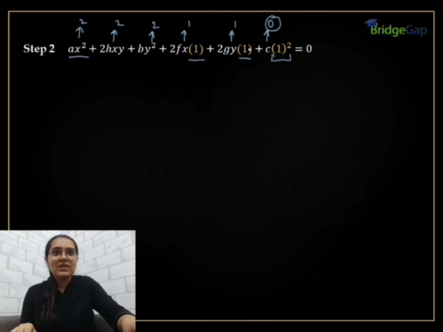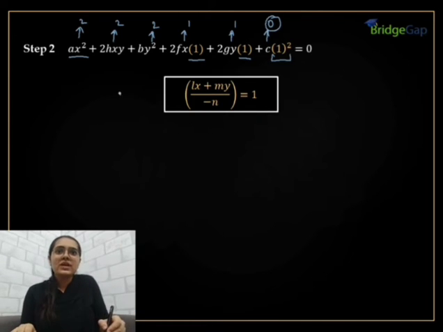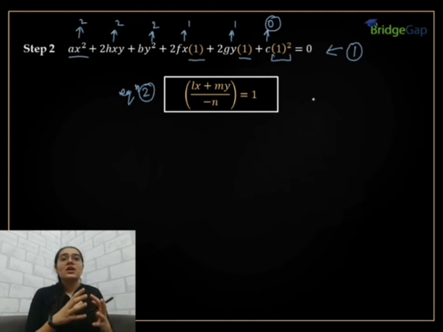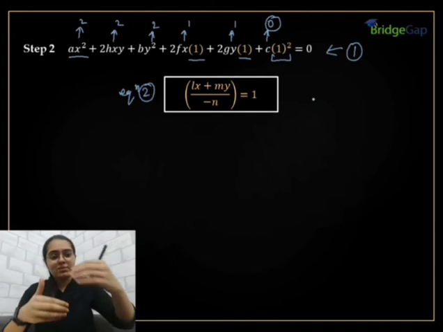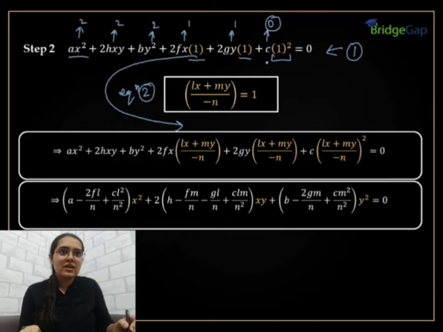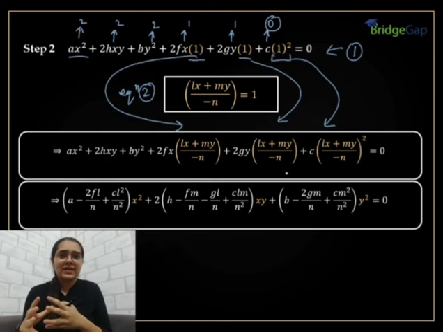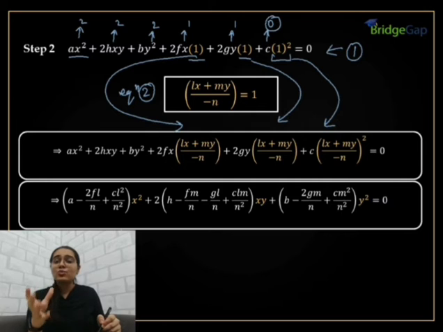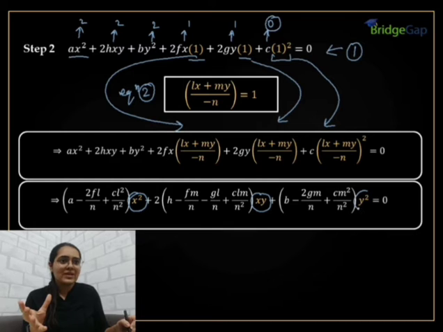Now what was the value of 1 that we found out from equation 2? This was from equation 2 and this is from equation number 1. Now we use the value of 1 in equation number 1. We get this. You see what I did here? I put the value of 1 here and then this and then this. After solving it, I got this kind of equation. You see, isn't that a homogeneous equation? Coefficients of x square, xy, y square.